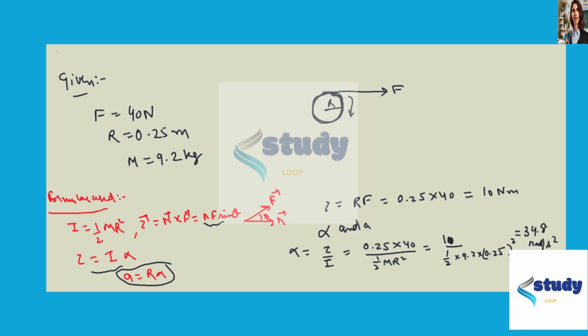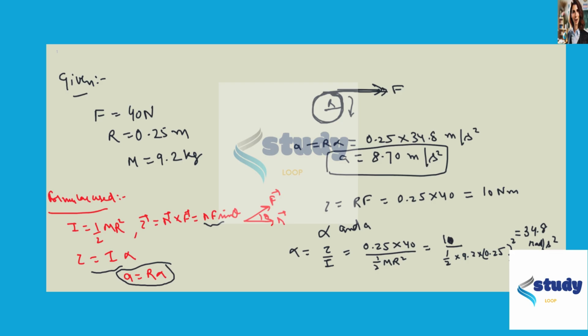So this is our angular acceleration of the wheel. The acceleration of the cord, a, equals R alpha, which equals 0.25 times 34.8, which comes out to be 8.70 meter per second square.